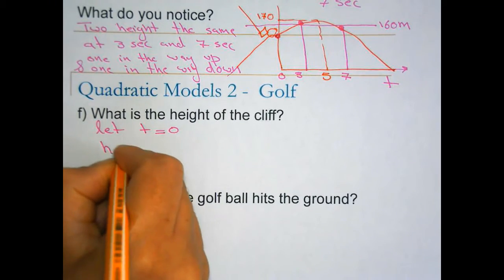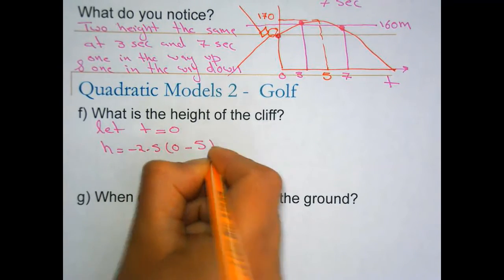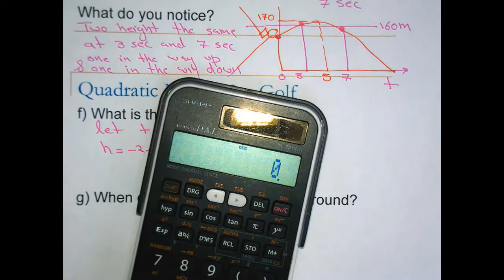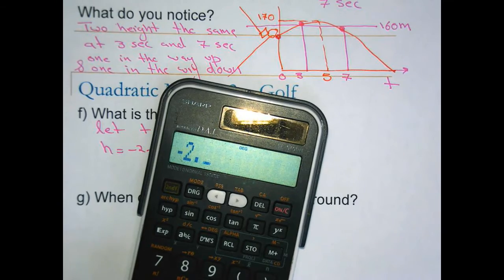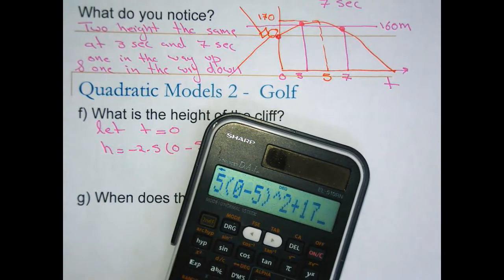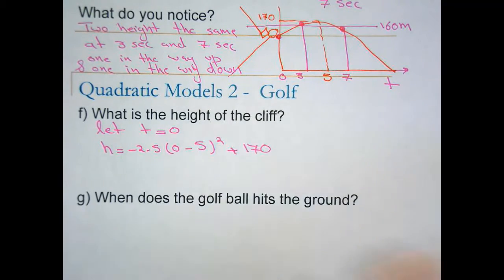So h equals negative 2.5 (0 minus 5) squared plus 170. And you can put this in one go if your calculator has the order of operations. So 0 minus 5 squared plus 170, that gives 107.5.